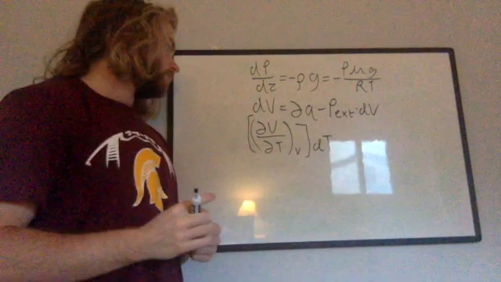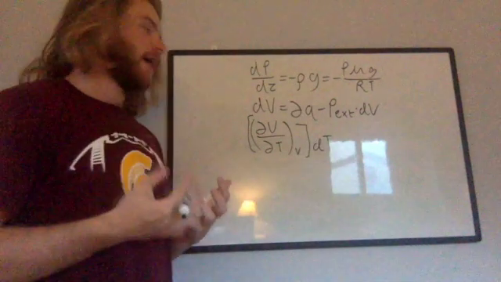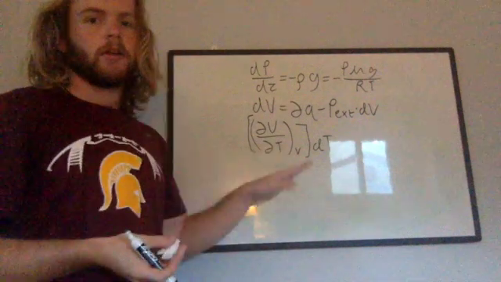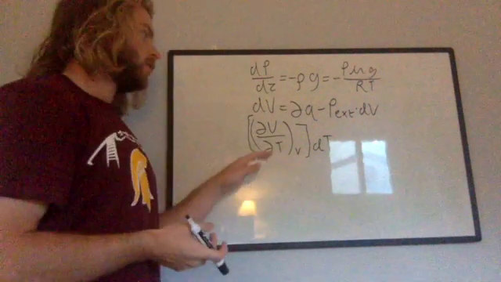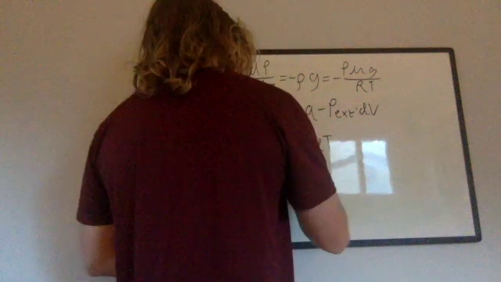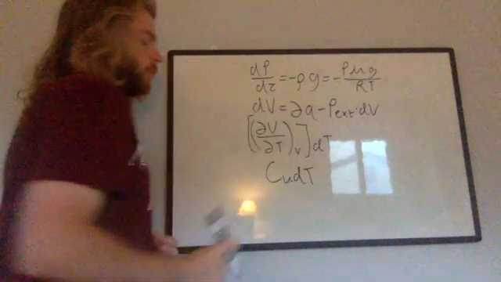And pretty much what this is right here is the specific heat capacity of the substance, right? So this is what's going to be our left side of the equation. The more simple way to write this is going to be Cv dT. This is going to be what we use.